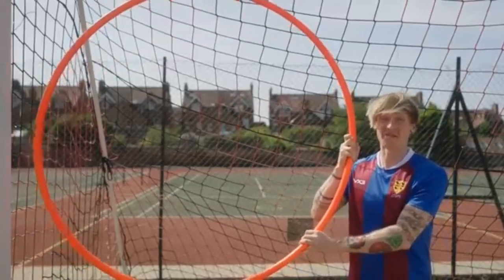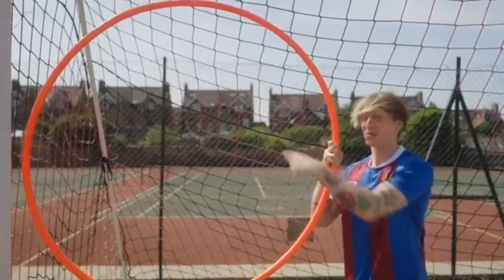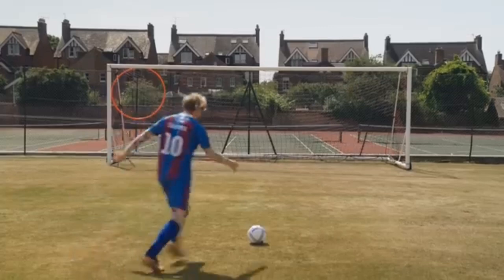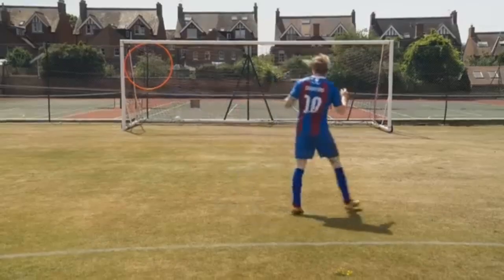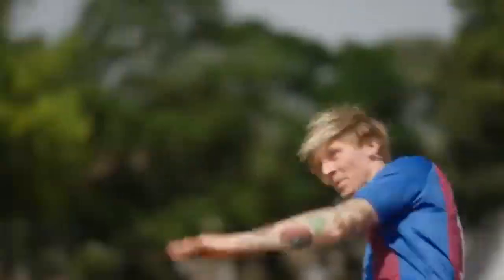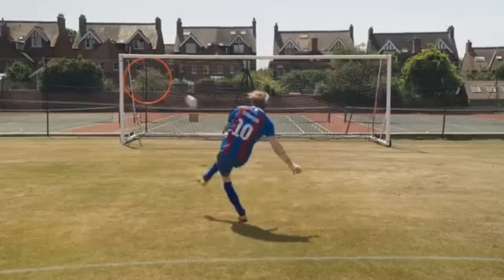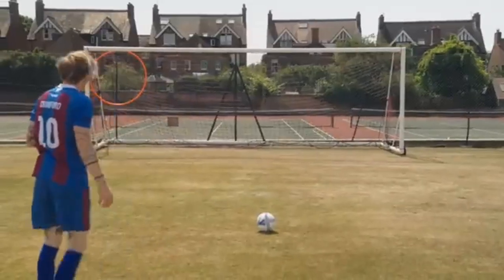So all I have to do to maximize my chance of a successful penalty kick is hit the ball through this hoop. Easy, right? I'm actually a little nervous. Oh, no. This is the one. Oh, I knocked the hoop out of place. This really shouldn't be that hard.